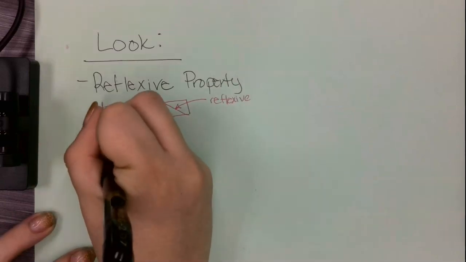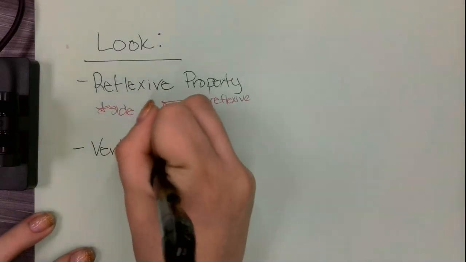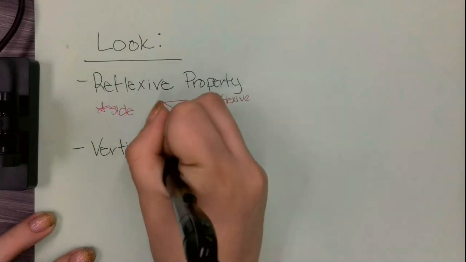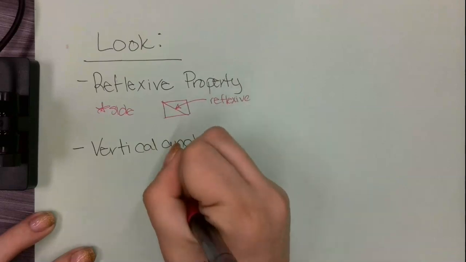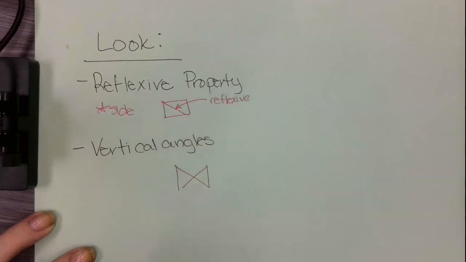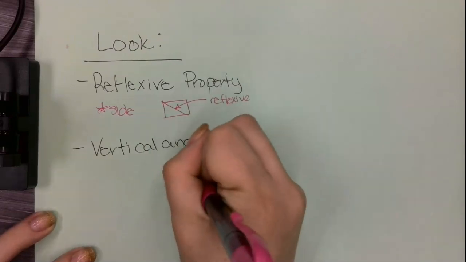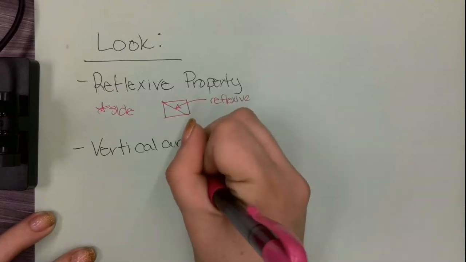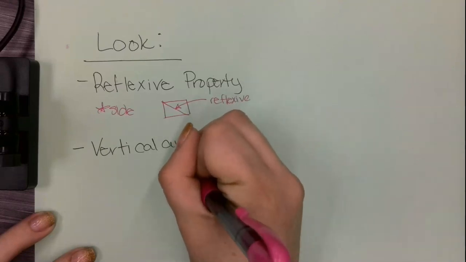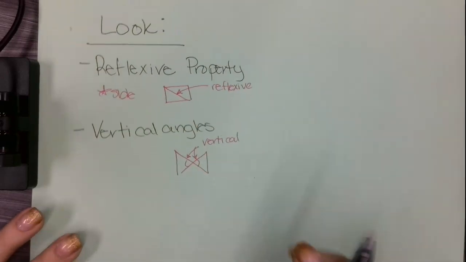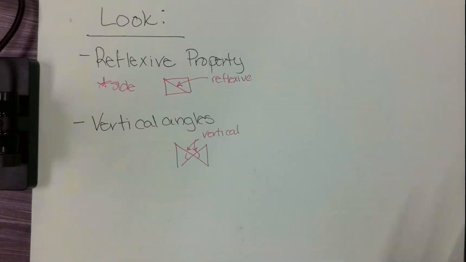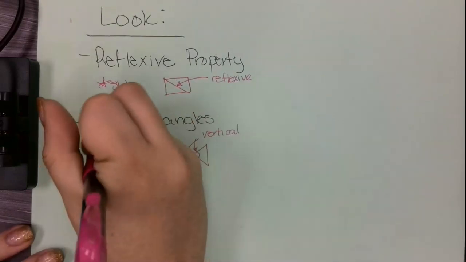Then I also have vertical angles. These are the ones that look like the bow ties. So this helps me with angles or sides? Angles.